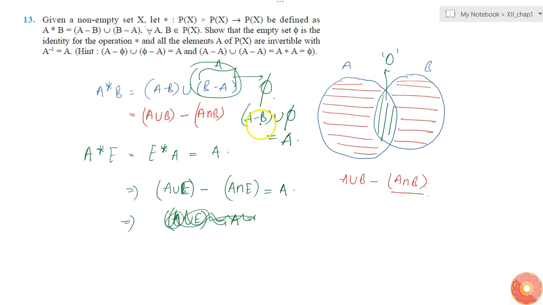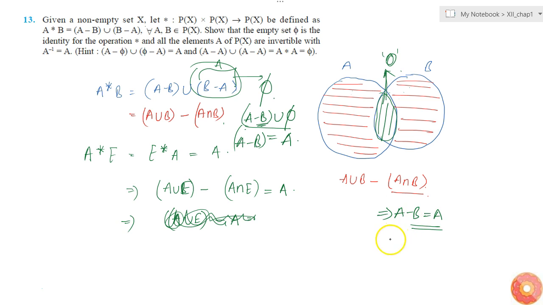This will happen only if A minus E is not eliminating any element. That means all these parts must be equal to 0. Only then A minus E union phi, which is simply A minus E again, is equal to A. Only then the condition is satisfied.